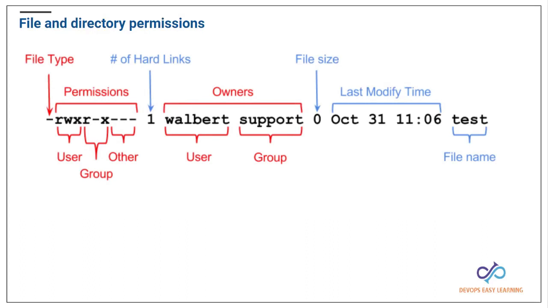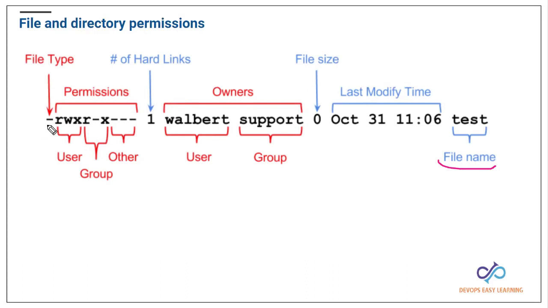In Linux, let's say you have a file here and the file name is called test. If you use the ls option -l, which stands for long list, you are going to see all this in Linux.